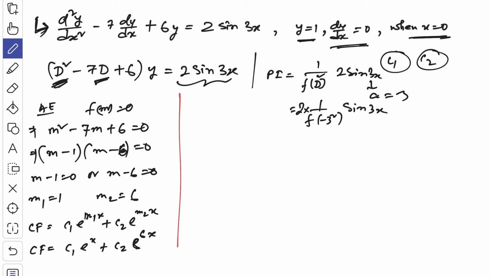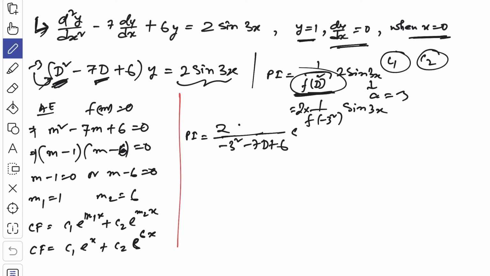That is our PI. Here we have taken f of D square, so we can replace this D square only by minus 3 square. So our PI will be equal to 1 by, here we have 2 by minus 3 square minus 7D plus 6, then sine 3x.